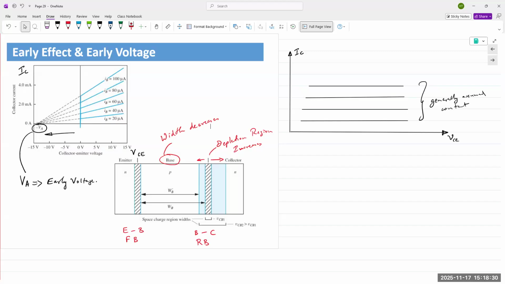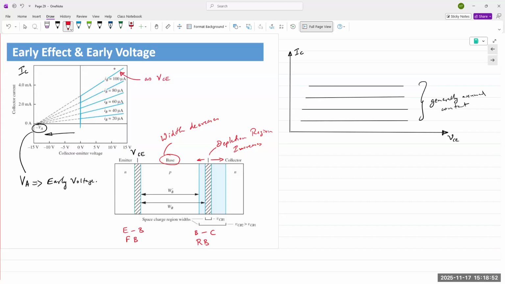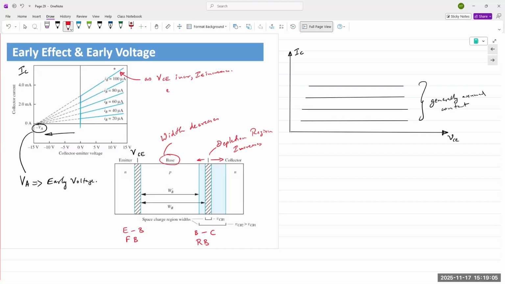And what that does is it lowers the effective resistance at the output of the BJT. And because it lowers the effective resistance, now your collector current is increasing. And that's why we have a slope as VCE increases. So IC increases, and because IC increases, effective resistance is decreasing.